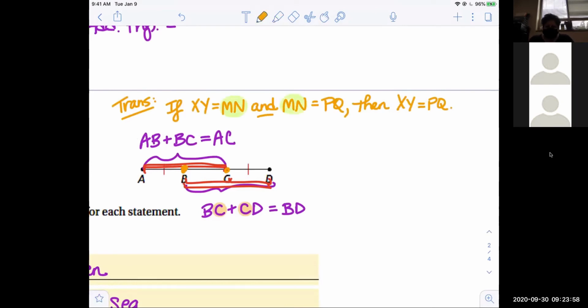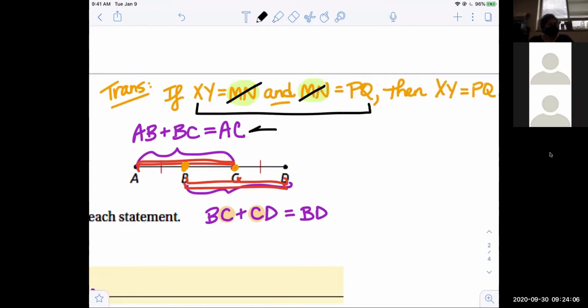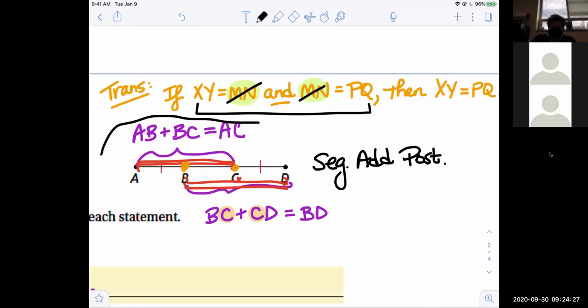Then you can take that out and relate the first and the third, okay? This is just one equation. You're saying that when you add AB and BC, you get AC. It's just one equation. So that is segment addition postulate, and segment addition applies in a diagram. That one is segment addition versus transitive up above.